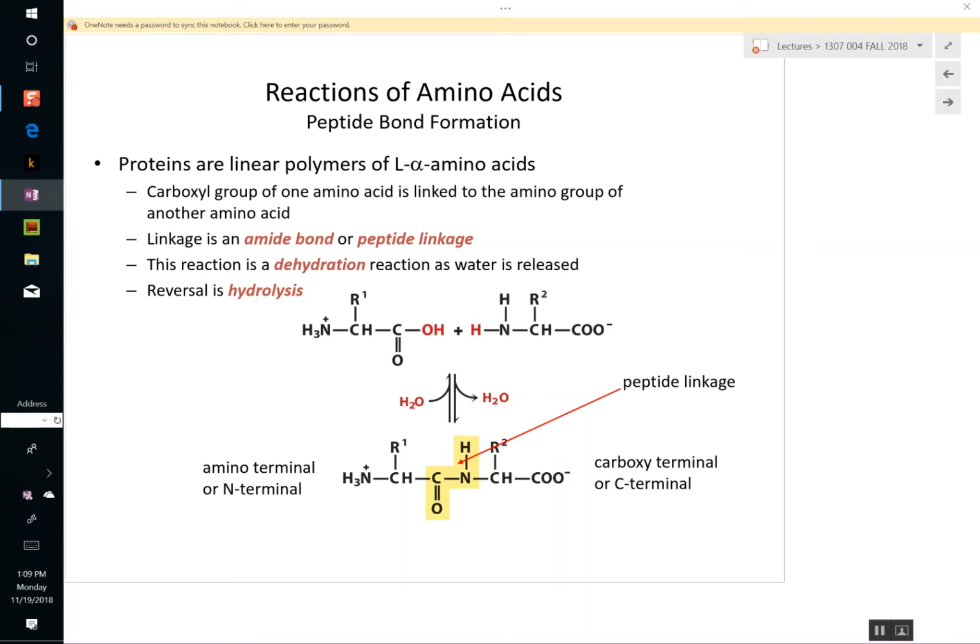The other end of the molecule is going to have a carboxyl group. And we're going to bind that carboxyl to an amine and form a peptide, and form a dipeptide. So you're going to have a nitrogen, a carbon, and you've got a dipeptide.